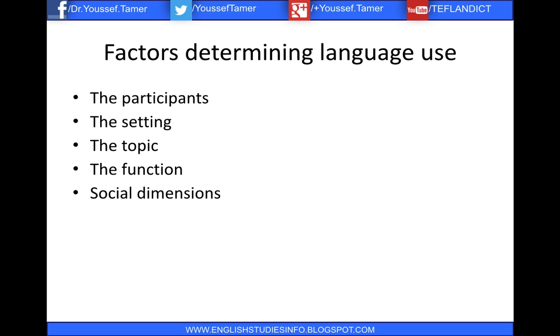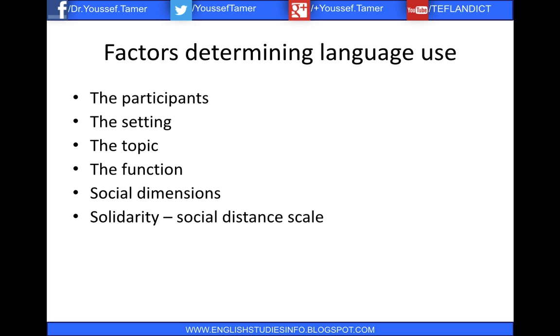Social dimensions have to do with socioeconomic status. I don't need to repeat again that people coming from a low socioeconomic status speak differently from people coming from a high socioeconomic status, and so on and so forth. Solidarity, social distance scale. This issue is very common in this area.